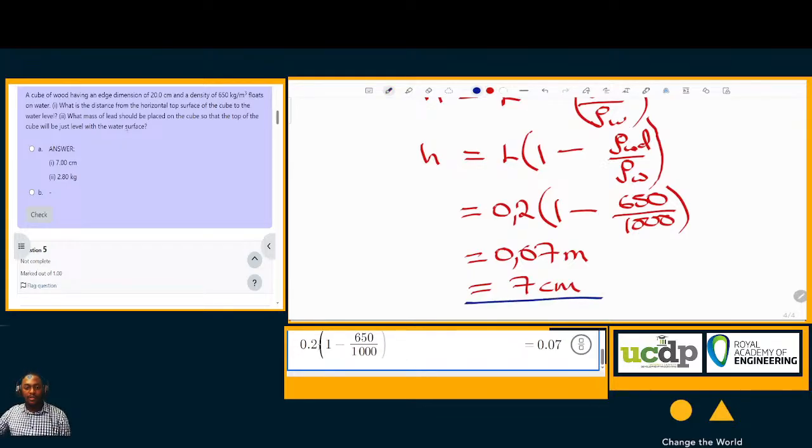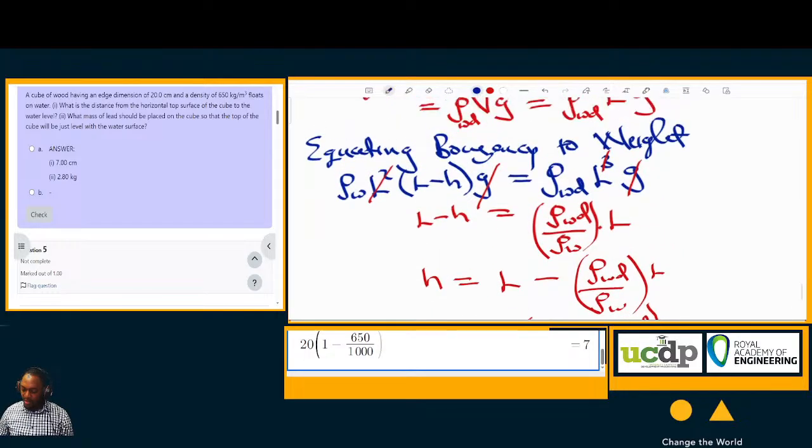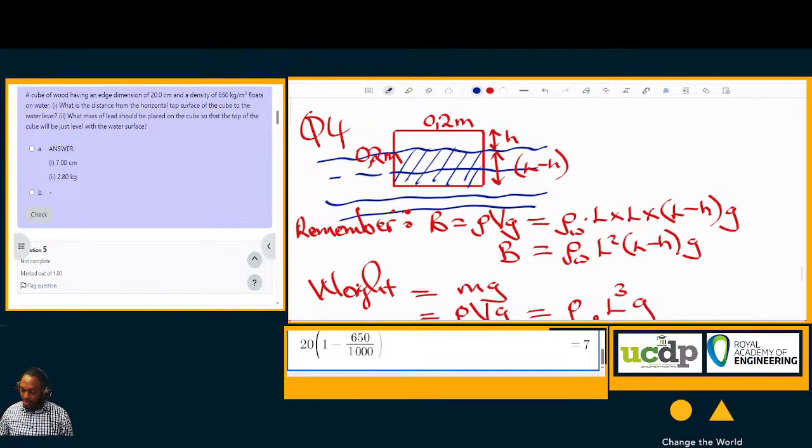If you want, you can just punch in 20 centimeters, which gives you straight 7, but remember that would be in centimeters. So this is how you'd find your height h, which means that this part is 13 centimeters and that is 7 centimeters.